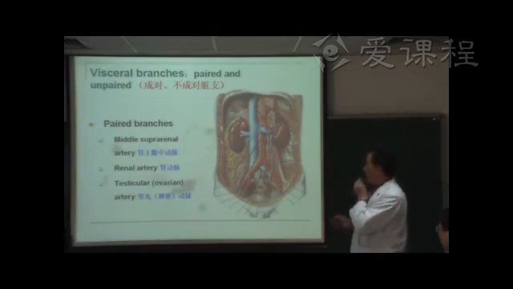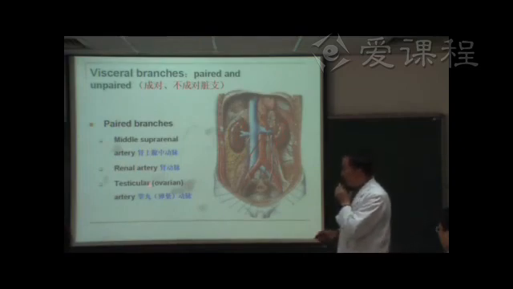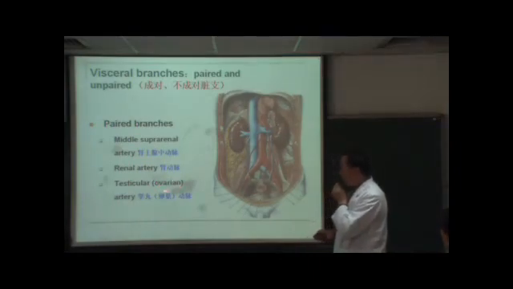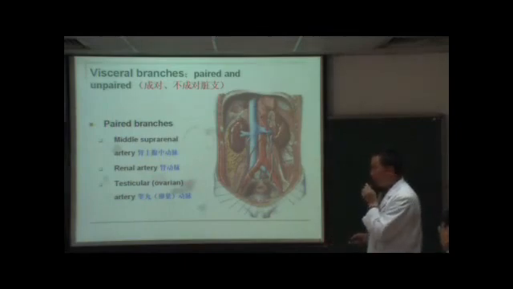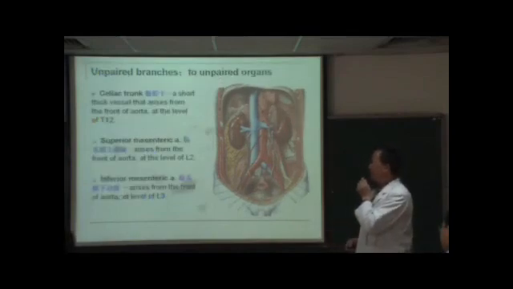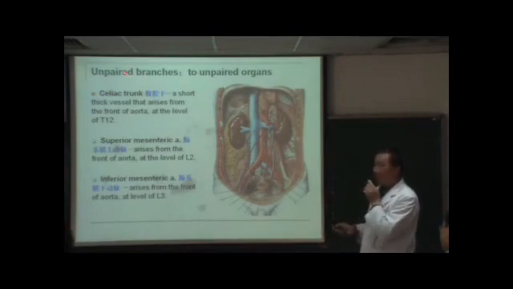The renal artery supplies the kidney, and the testicular or ovarian artery supplies the testes in male and the ovary in female. Yes. Now, we should review the unpaired branches.